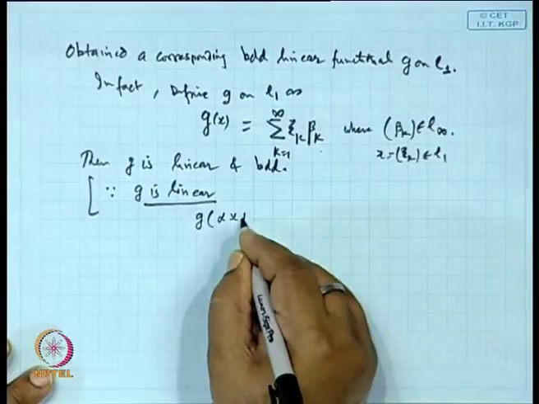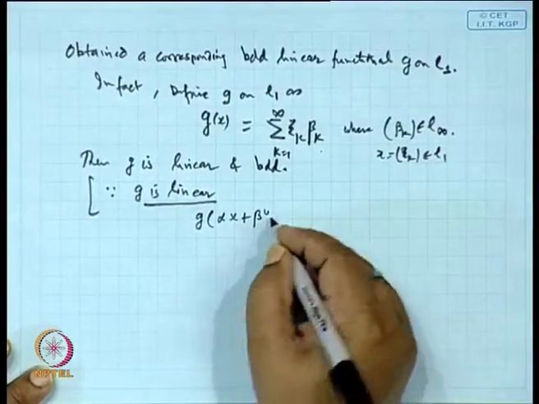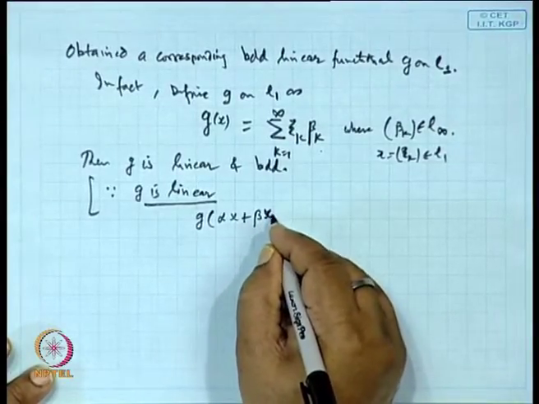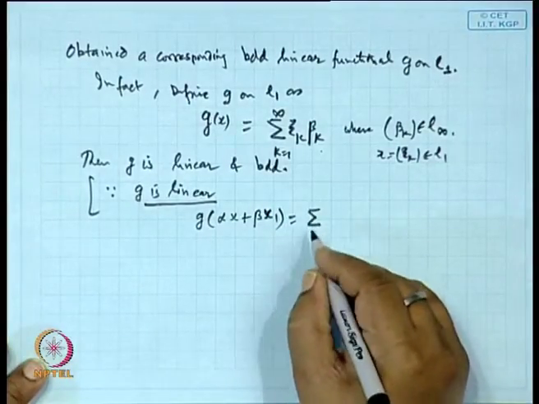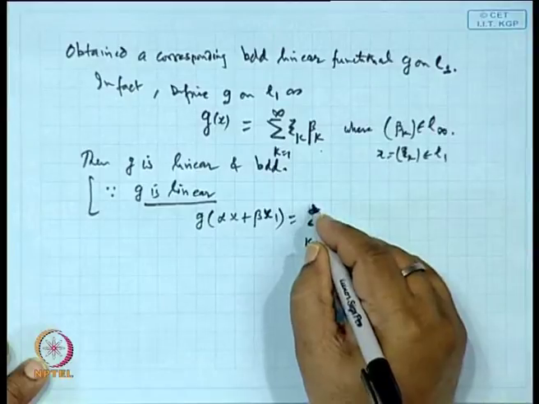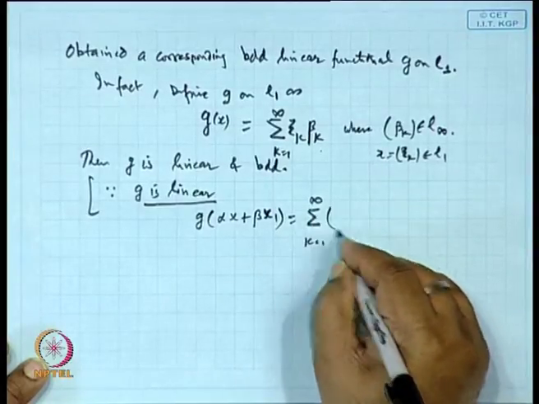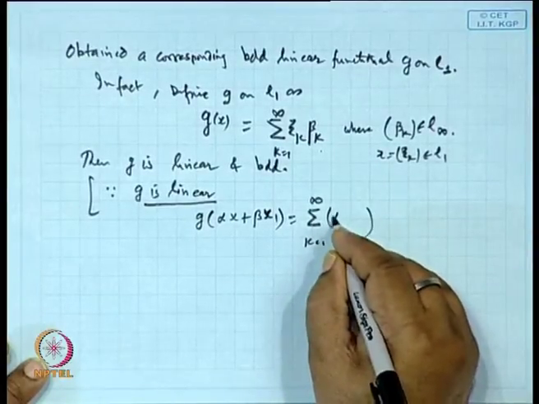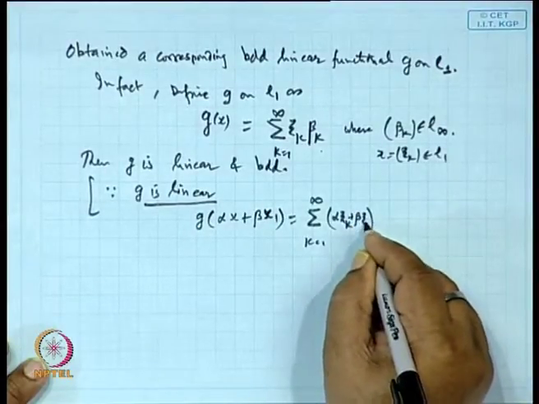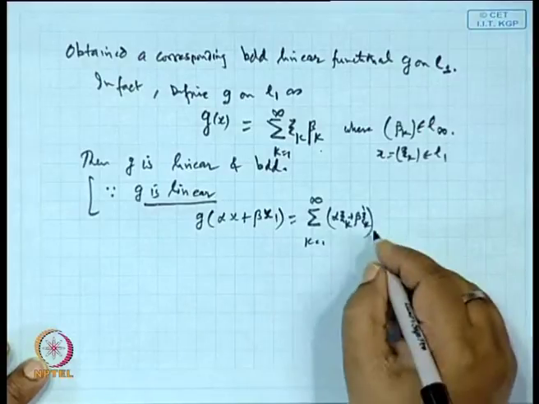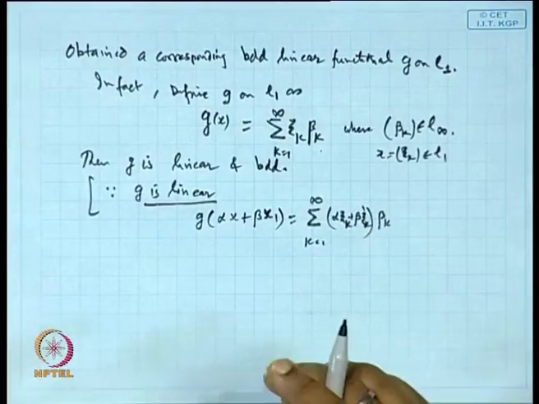Alpha x plus beta y, or alpha x plus beta x 1. This will be equal to what? Sigma k equal to 1 to infinity. Only changes come here: alpha xi k plus beta xi k dash, times beta k, is it not?